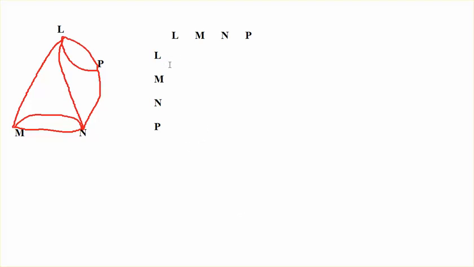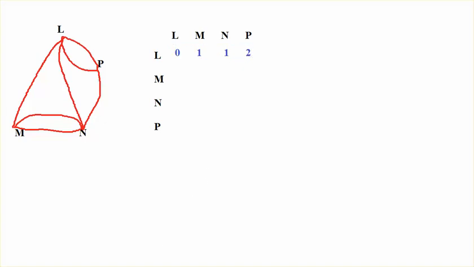Our first spot is L and L. That is a 0, as there are no connections between point L and itself. Then I look at L and M. L and M are connected by one line. L and N are also connected by one edge. And finally, L to P are connected by two lines.